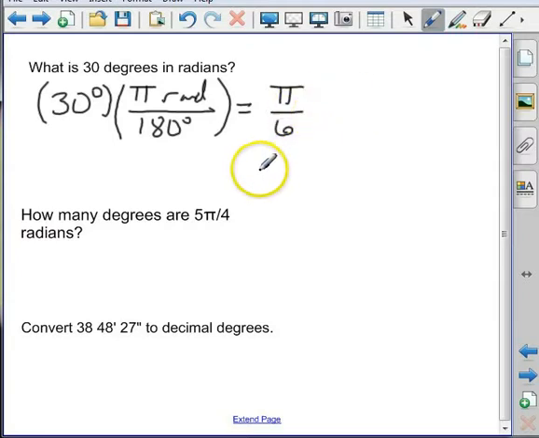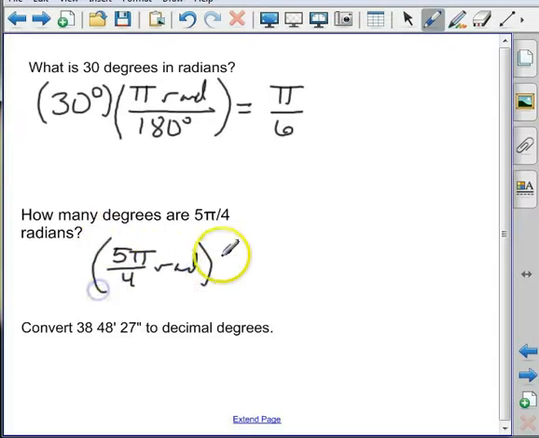And we don't usually write radians. We just assume that's what they are. How many degrees are 5 pi over 4 radians? Okay, this time I'm starting with radians, and I'm going to multiply by 180 degrees over pi radians.